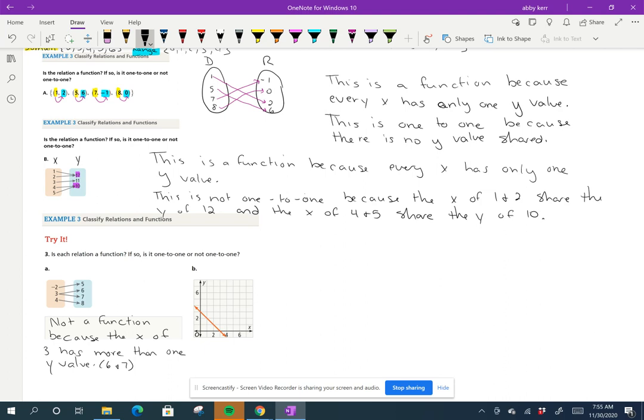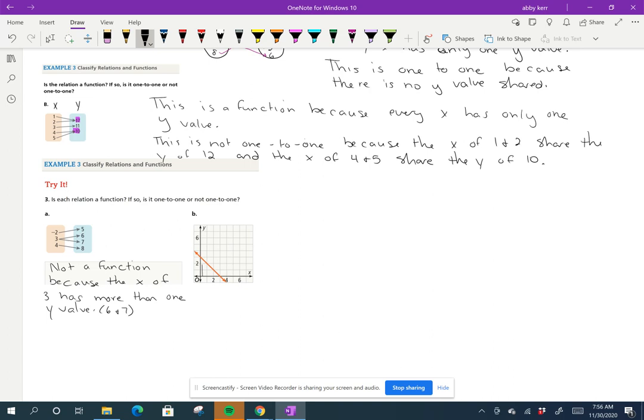Now, for part B, there's a couple ways that you can do it. You can look at all the x values. The x value has one y, this x value has one y, this one, and it goes on forever, right? Or something from middle school, the vertical line test, where you draw a vertical line, and if each vertical line touches your orange line once and only once, then it's a function.